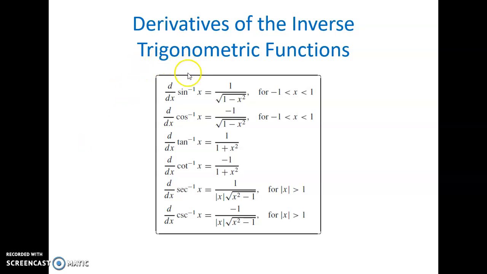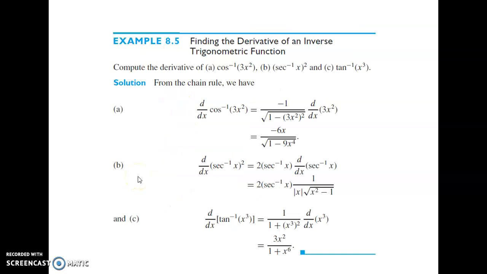Exactly similarly, we have derivatives of the 6 inverse trigonometric functions. So remember these formulas. We know details about these inverse trigonometric functions. So finding the derivative of the inverse trigonometric function, I will take up in the next video lecture, part 2 of this 6A.